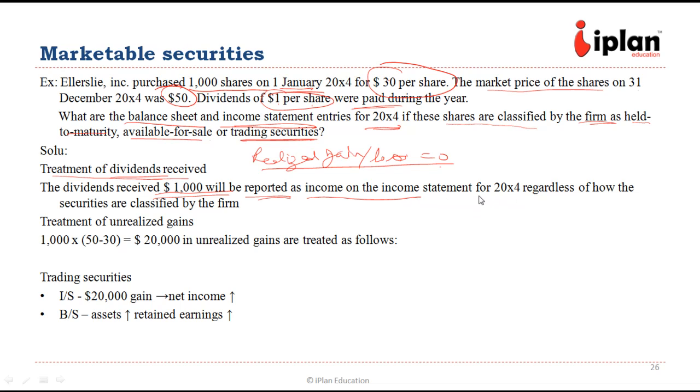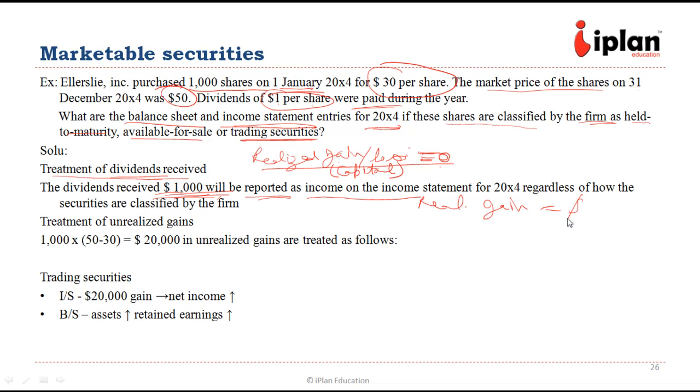Since it is realized, this is a realized gain, so that will go to the income statement. Here, when we said realized gain or loss, it was capital gain or capital loss. Since we have not sold the security, the capital gain or loss is going to be 0. But there will be an income due to dividend, so that has to be a part of the income statement.